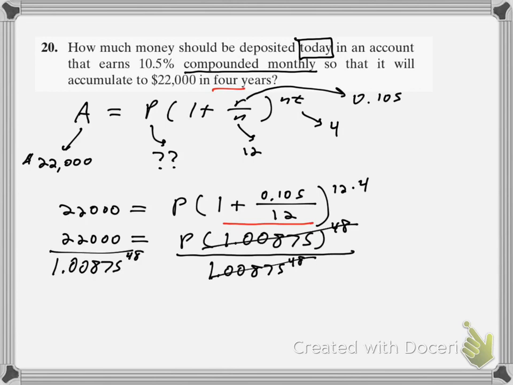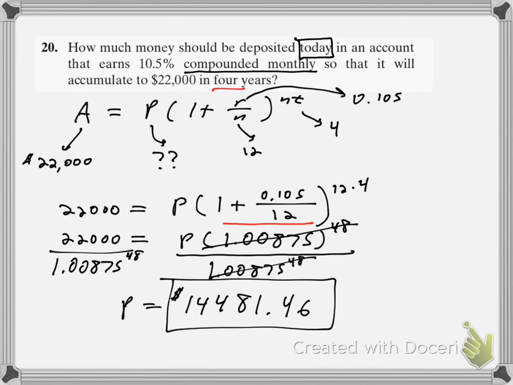And then these cancel. So now I just need to do 22,000 divided by 1.00875 with the exponent to the 48th power. And I get that P equals 14,481 and 46 cents. So if I want to have $22,000 in 4 years deposited into an account at 10.5% compounded monthly, that's what I'd have to invest in order to have $22,000.